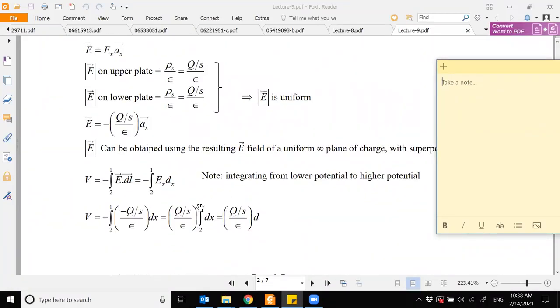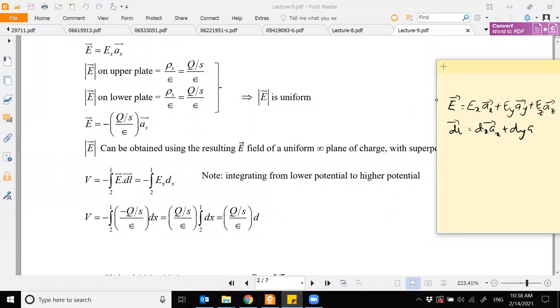I hope this is clear. This will be very straightforward because your electric field E will be Ex Ax plus Ey Ay plus Ez Az. And the general expression for dL is what? dx Ax plus dy Ay for our Cartesian coordinates plus dz Az.